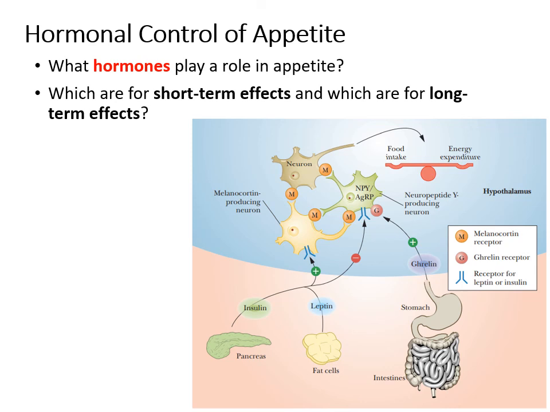Okay, so leptin is involved in decreasing appetite. Now, that's why leptin you can write as an appetite suppressant. That might help you remember a little easier what its function is doing.